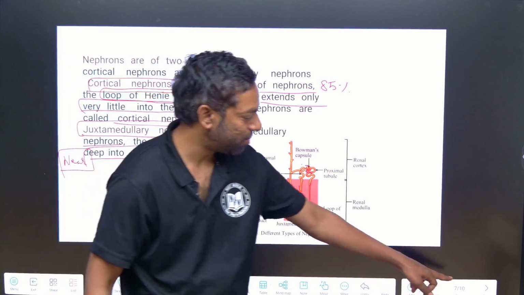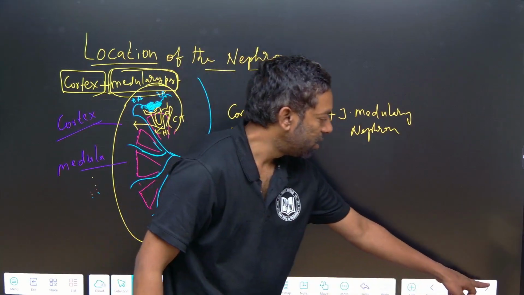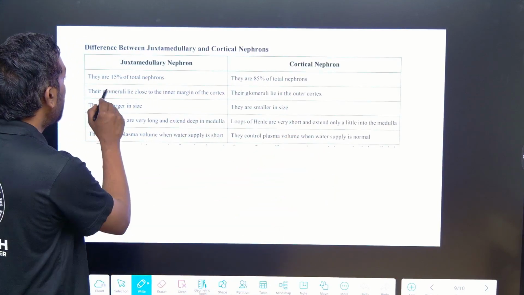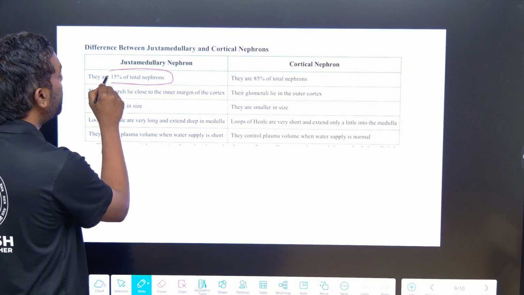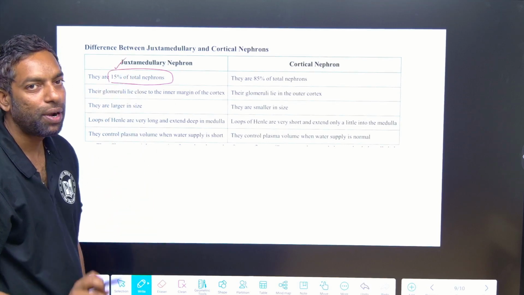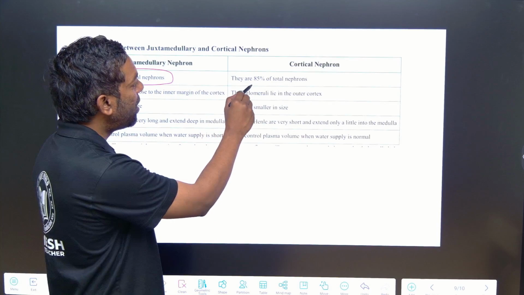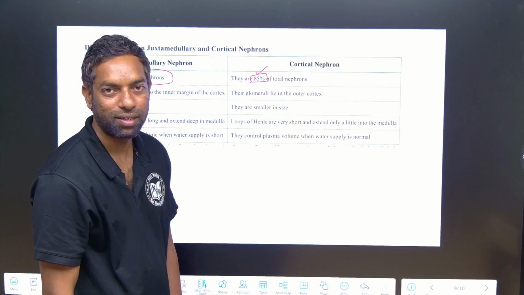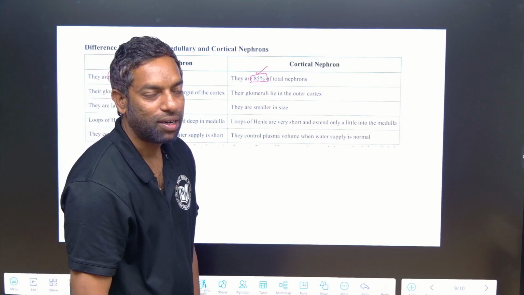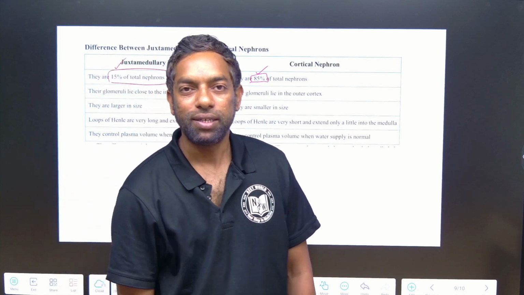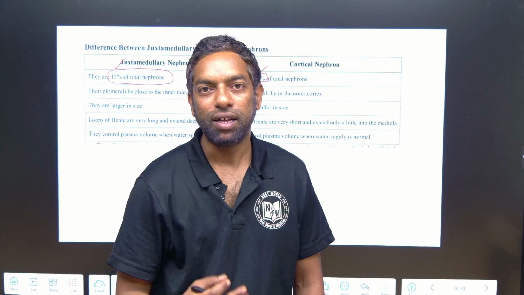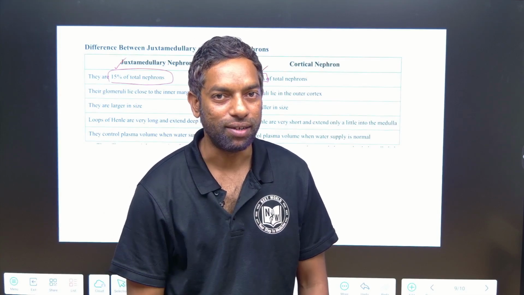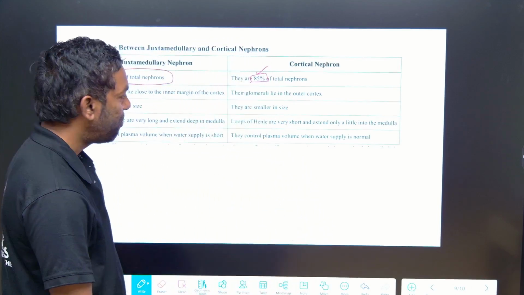Here we are going to discuss the differences between them. Juxtamedullary nephrons are only 15 percent, while cortical nephrons are the high amount, 85 percent. The medullary interstitial fluid is involved in osmolarity, so juxtamedullary nephrons are more regulated, cortical nephrons not that much.